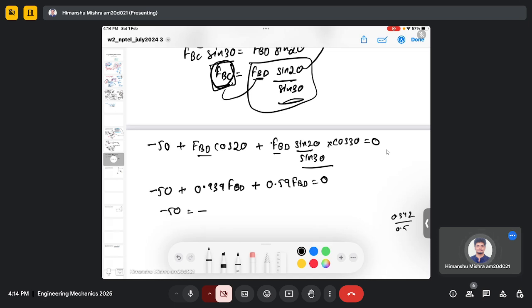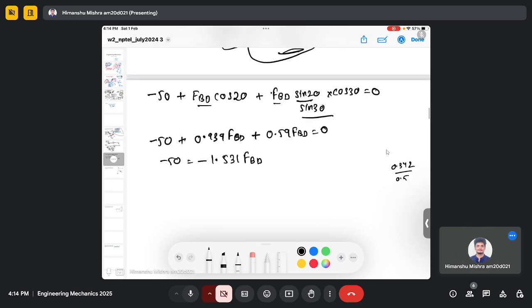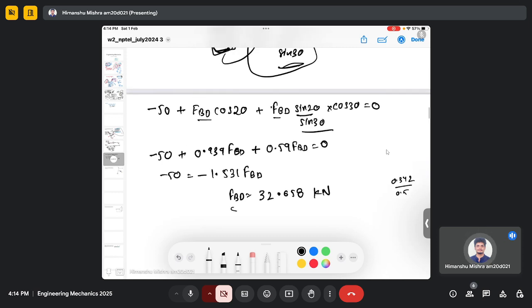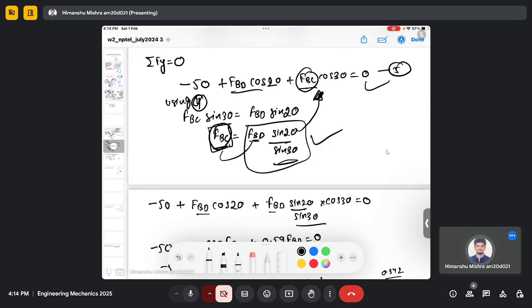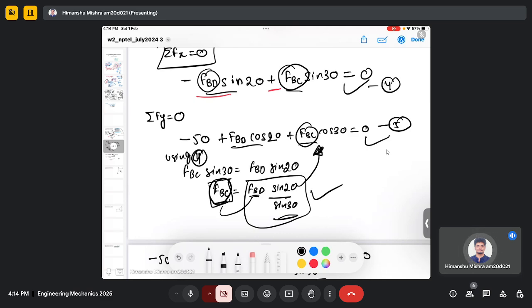So it will come out to be minus 1.531 FBD. So FBD will be 32.658 kilonewton. Now you can substitute this FBD either here or in equation 5 or in equation 4, in any of these equations, to calculate the force in FBC.